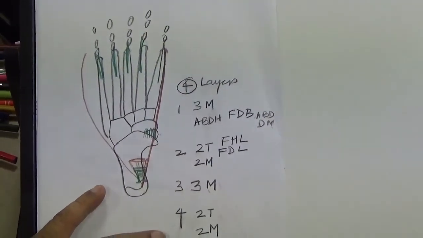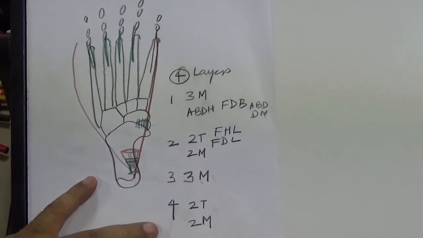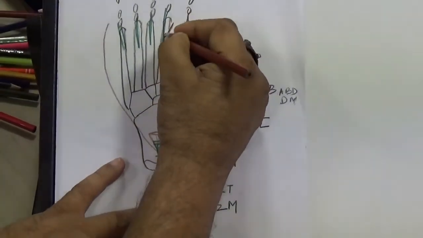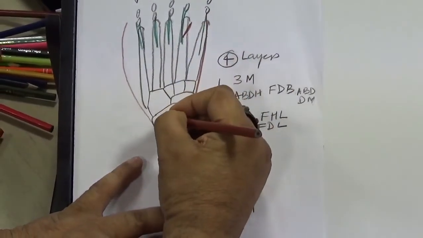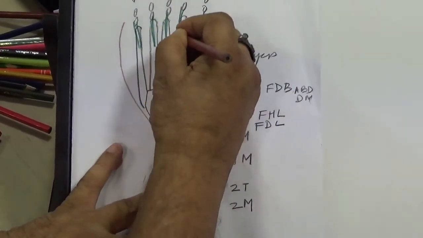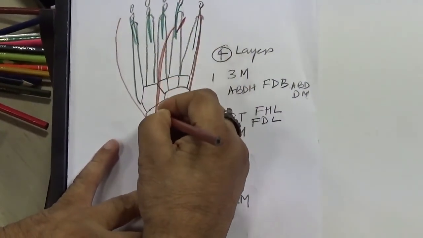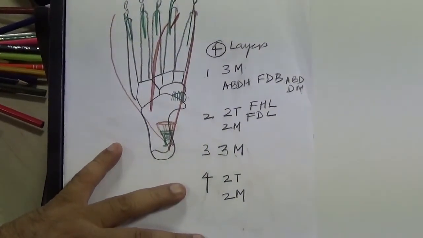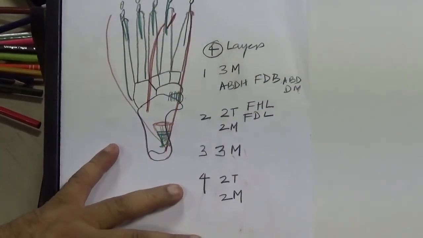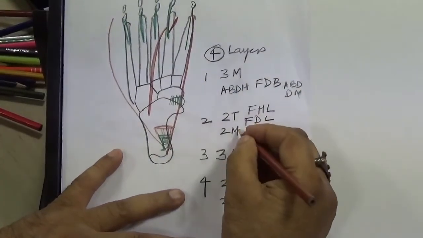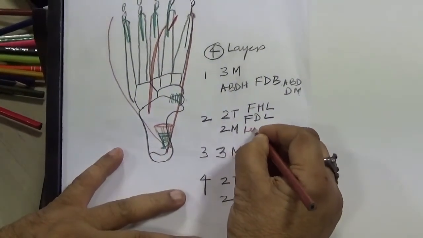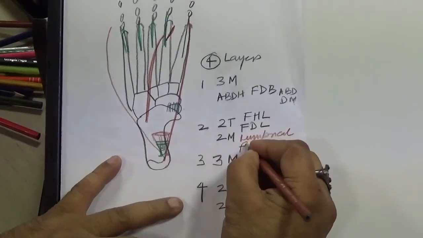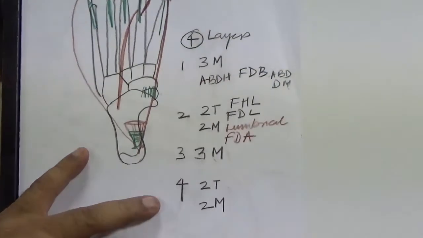One muscle arises from the digitorum longus tendon, that is the lumbrical, and one muscle gets attached to this tendon, that is flexor digitorum accessorius.